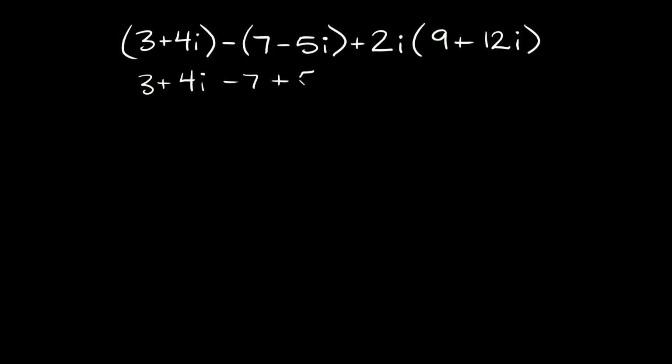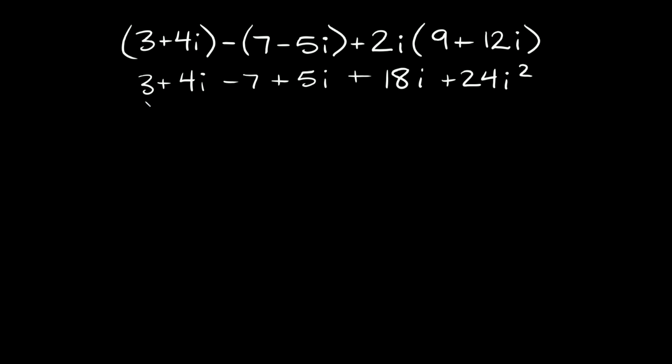So plus 5i. Okay, and then the last thing we can do here is distribute this 2i into these sets of parentheses, so that way we can drop those. So 2i times 9 is equal to 18i, right? So positive 18i, and then 2i times 12i is equal to positive 24i squared.